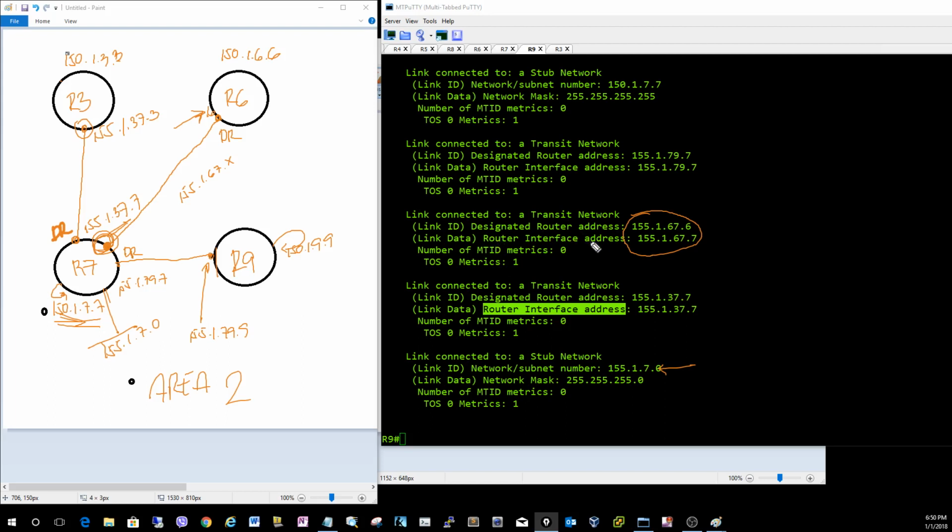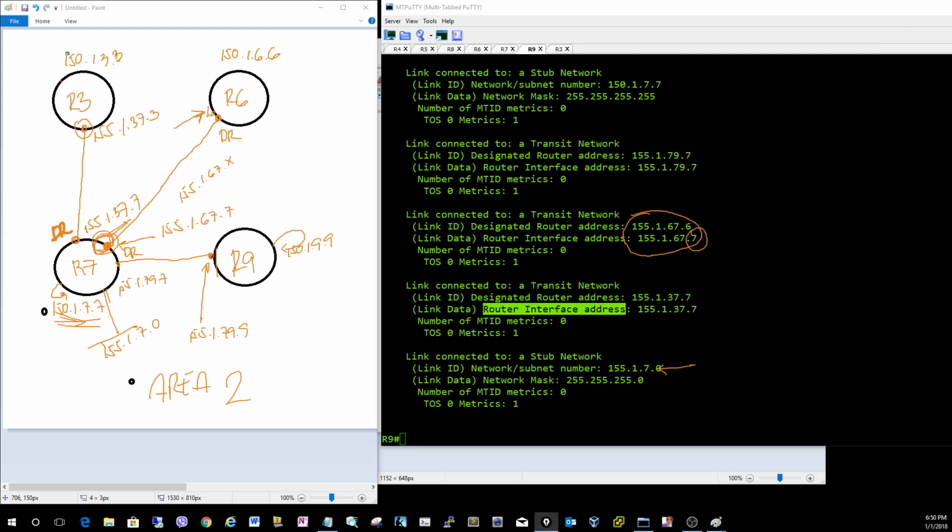And the router interface on router 7 is 67.7. So that router there is 155.1.67.7. I'm sorry guys if my handwriting is not that perfect. And there you go.